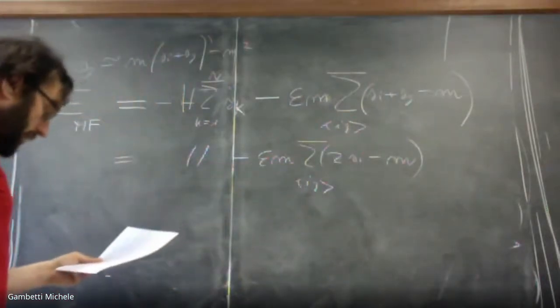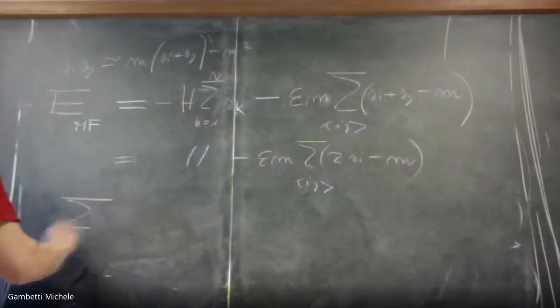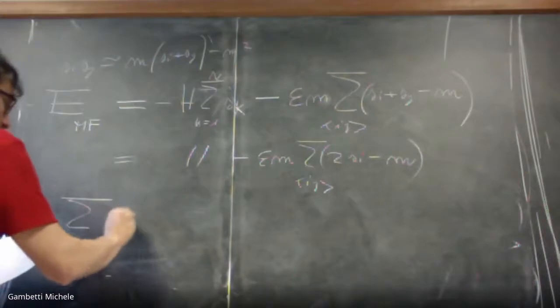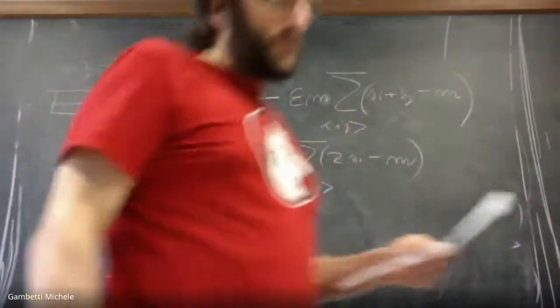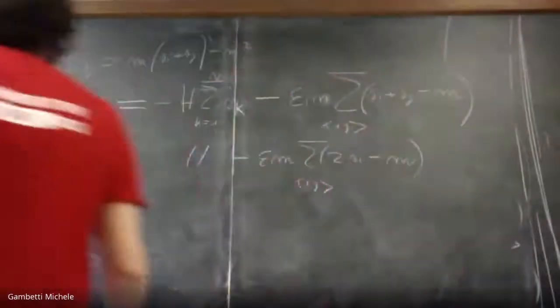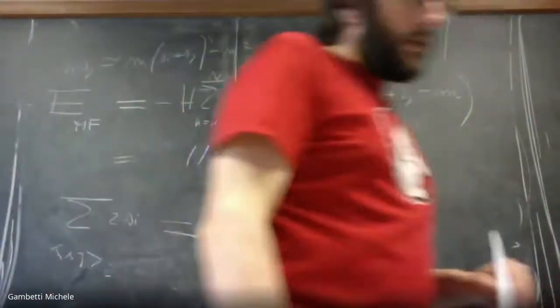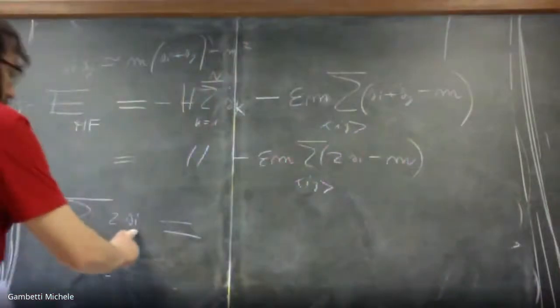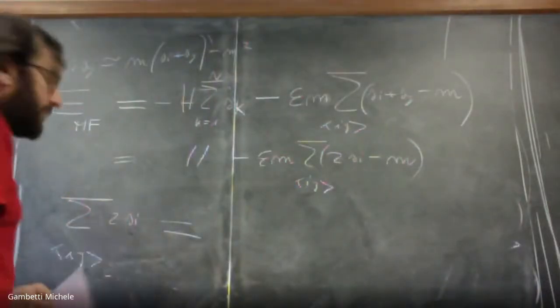And now here comes the new interesting point. When doing the sum ij of 2 Si, I should consider what this quantity is. Suppose that I fix the index i, and then I sum over all the closest spins.